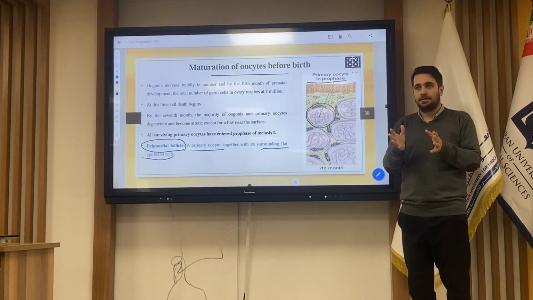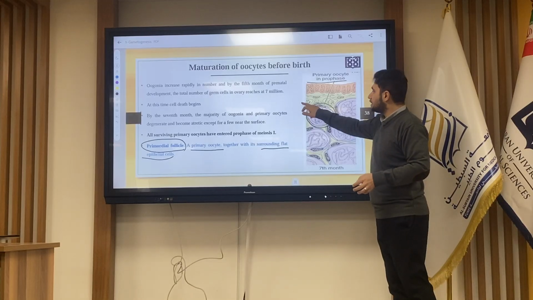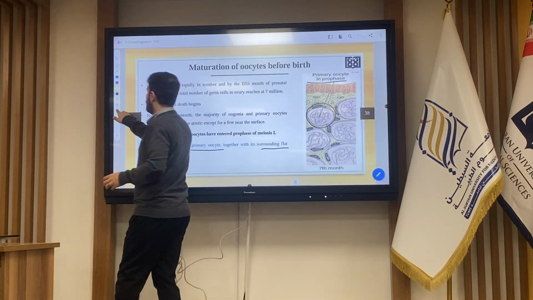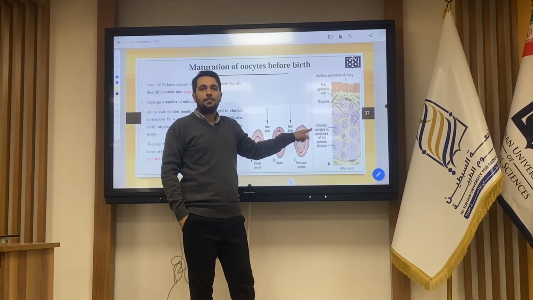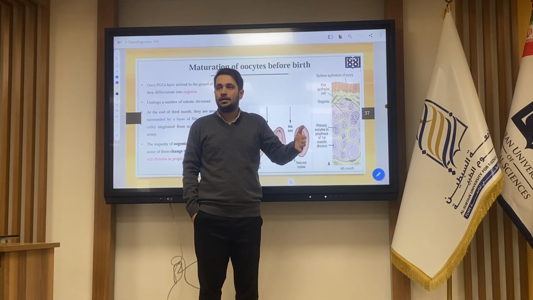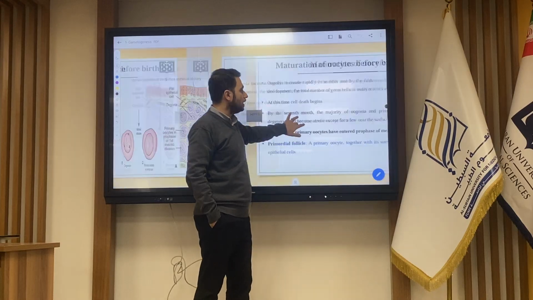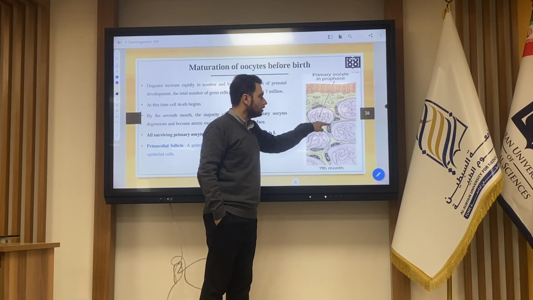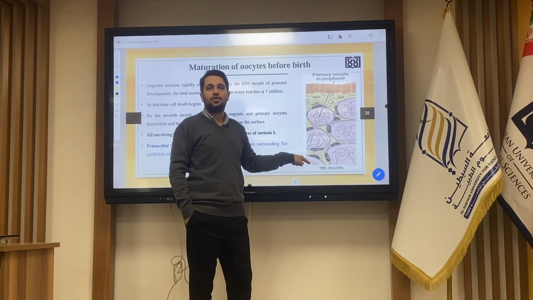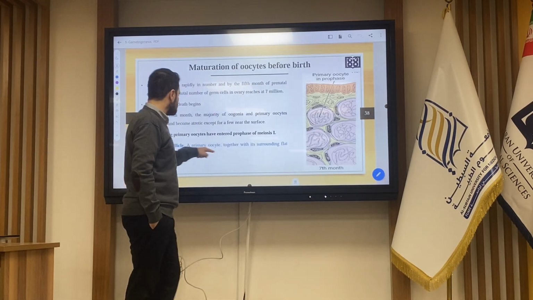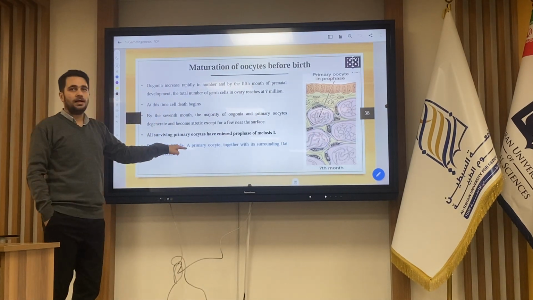At the first time, in the previous slide, they were just covered by one layer. But when it's growing, this surrounding layer becomes specific for each primary oocyte. So we call this view the primordial follicle.